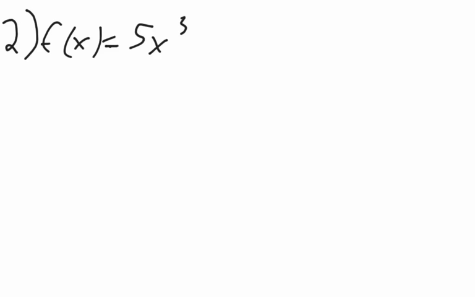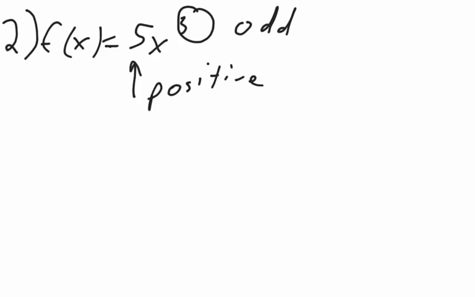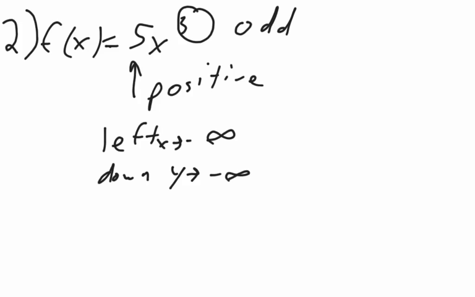Alright, so continuing where we were in class today, those of you who are not going to be here tomorrow, the only exponent we have in here is a 3, which is odd, and the 5 here is positive. So that means that at the left side of my graph, which means x is at negative infinity, we are going to be down, which means y is going to be at negative infinity.